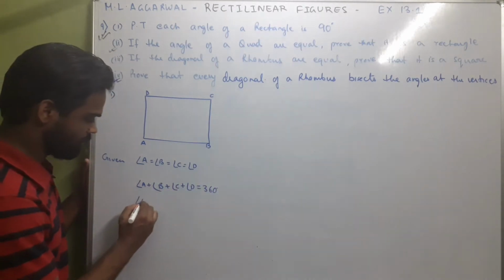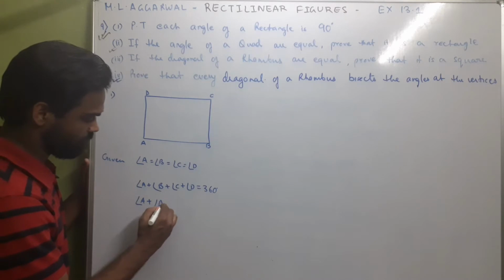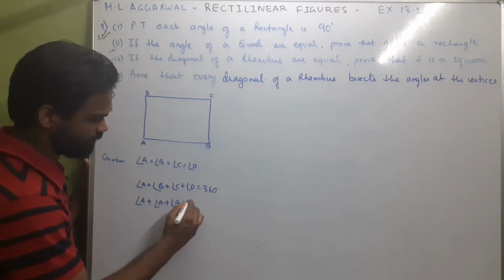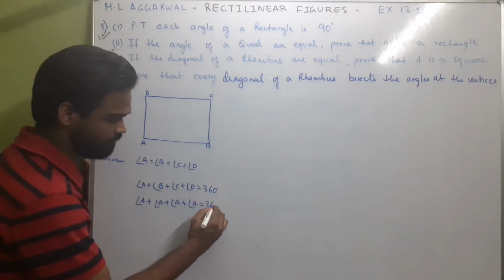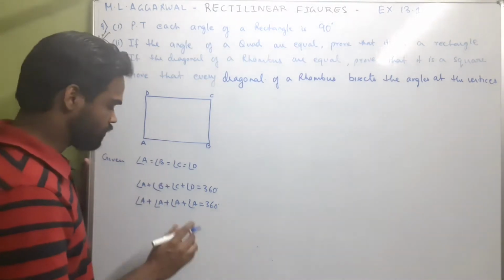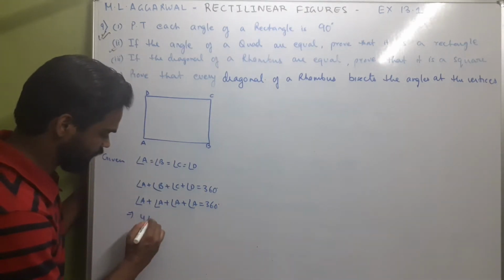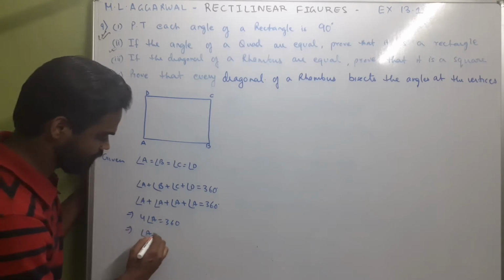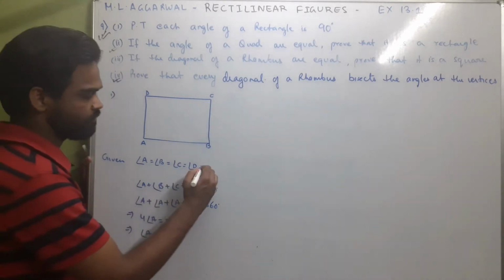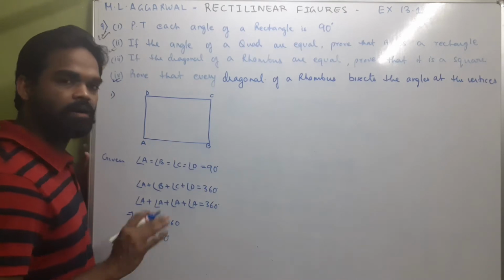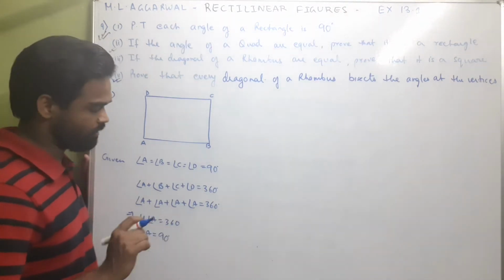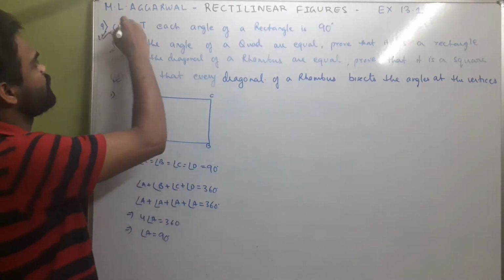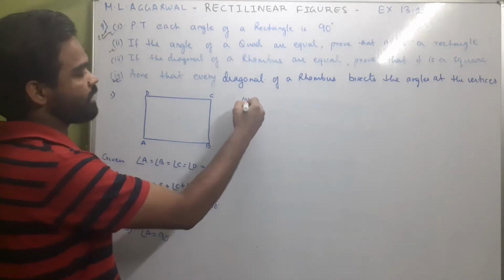So instead of angle B, angle C and angle D, I'm writing angle A, because all the angles are equal. Which means 4 times angle A will be equal to 360, which means angle A will be equal to 90 degrees, so all the angles are 90 degrees. Done.